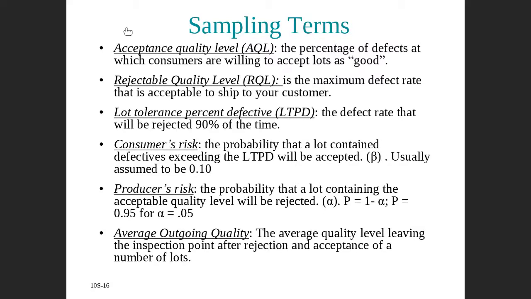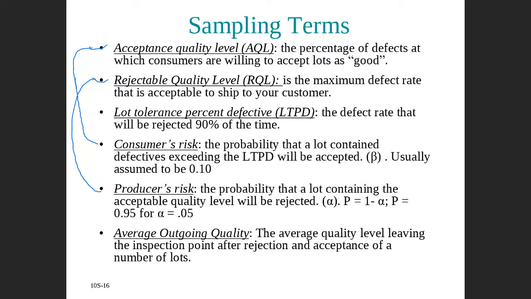From those two, the AQL and the RQL, we get the consumer risk and also the producer risk. The consumer risk is the probability that a lot will contain defects exceeding the LTPD and is going to be accepted.